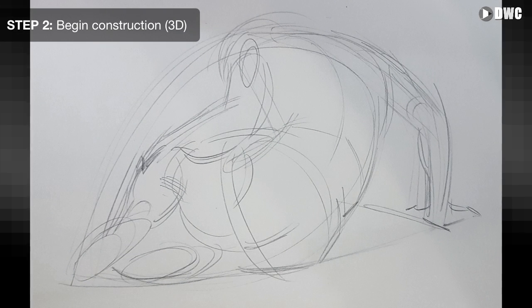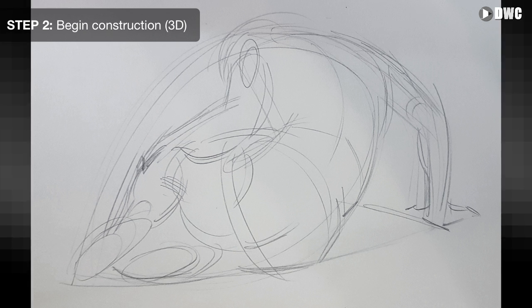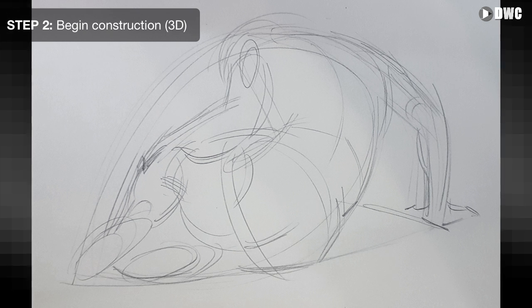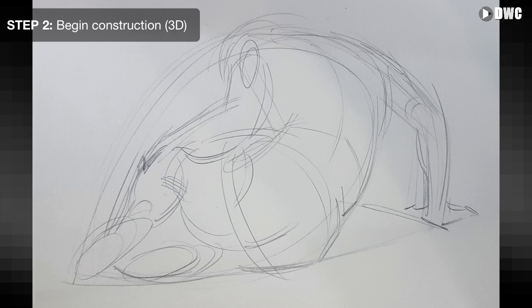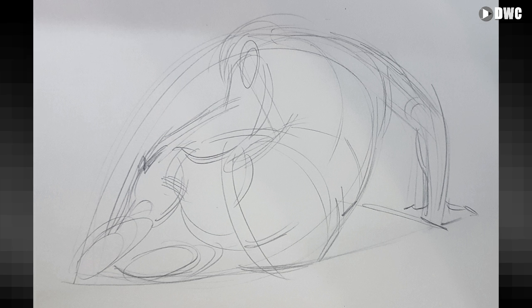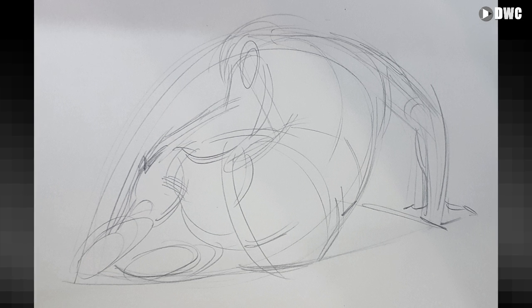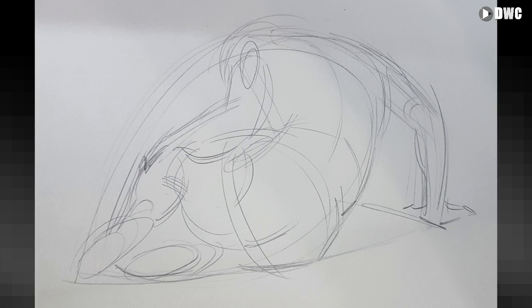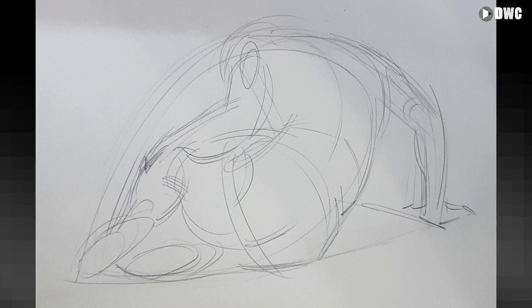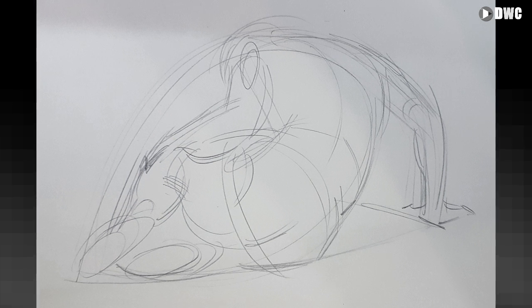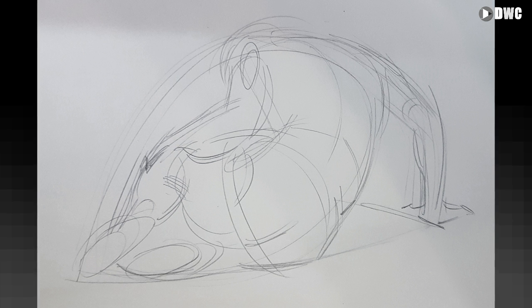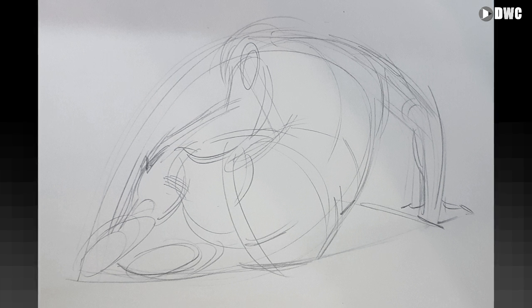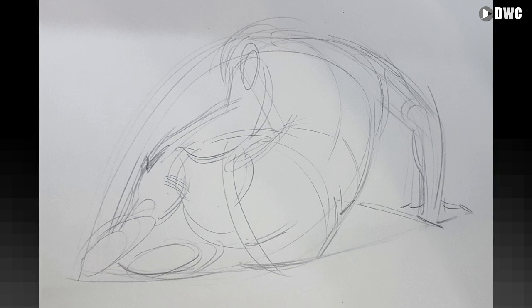Next, we have what I call the beginning of the construction phase. This is how I go from 2D style drawing to 3D style drawing, or shape-based drawing to construction. Those are 2 other ways to think about it. So basically, I'm turning that flat graphic triangle into more specific shapes, like 2 arms here, 2 legs, some feet.